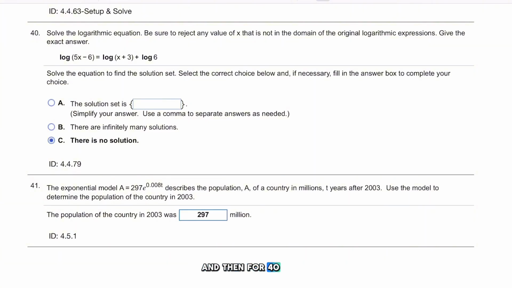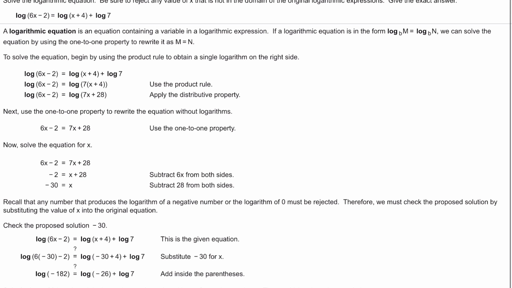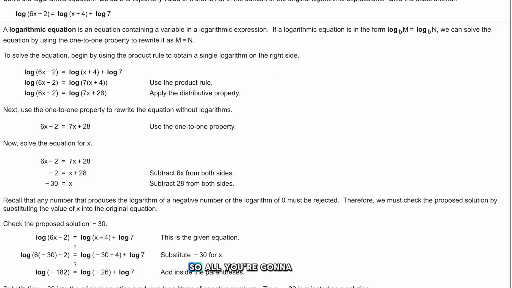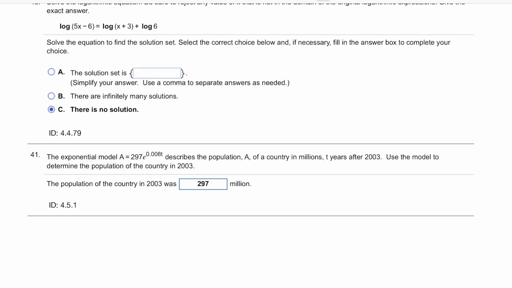And then for 40, we're just going to use the example. So all you're going to do is use the product rule. You're going to condense.